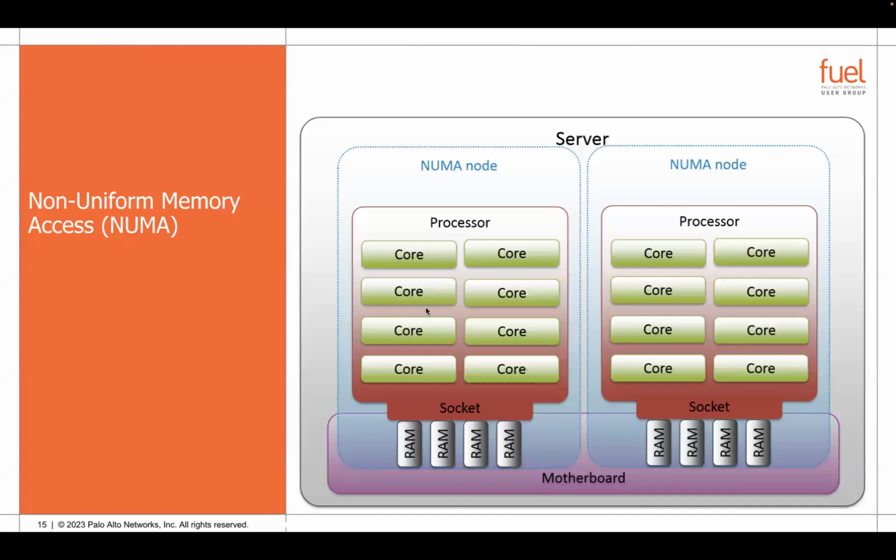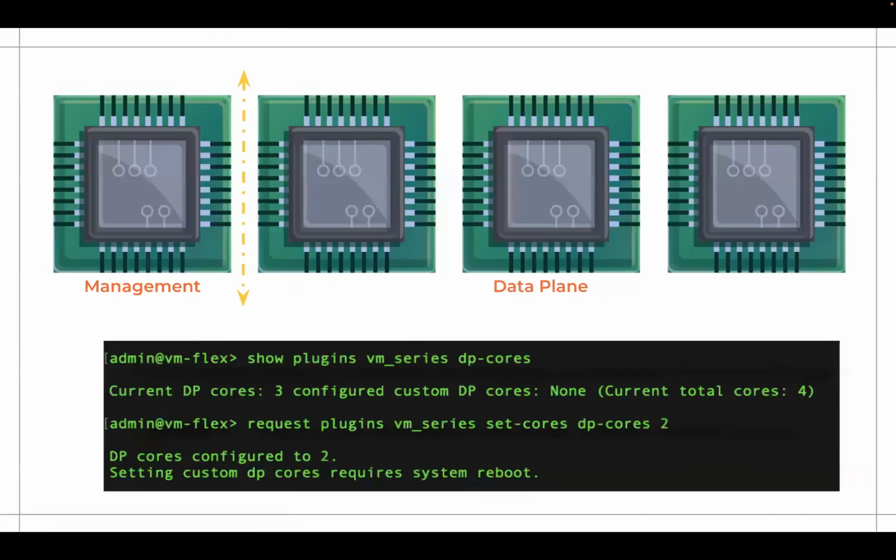As soon as I scale beyond 8, now I'm not in NUMA mode anymore, and that creates some inefficiencies. So understanding your cores and your sockets is very important in terms of being predictive about the performance that you expect to get from the virtual firewall.